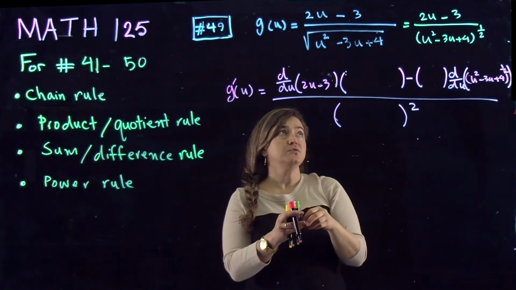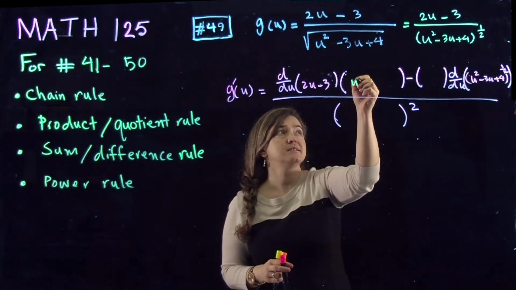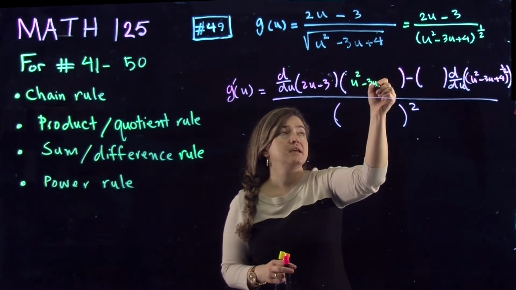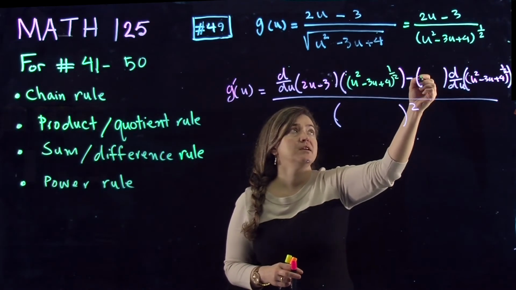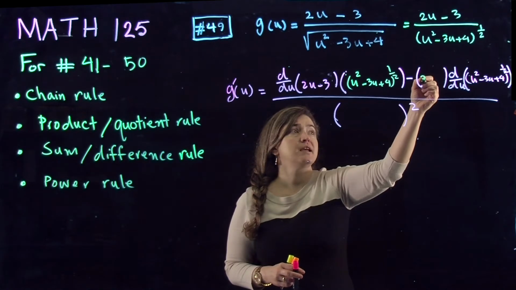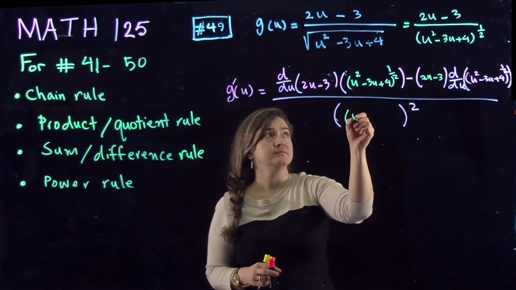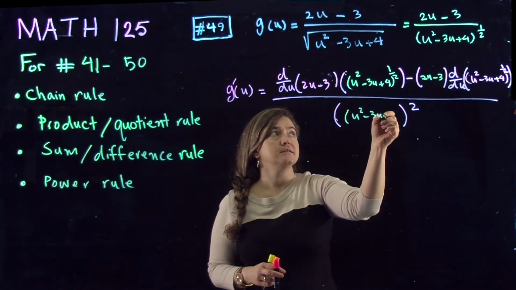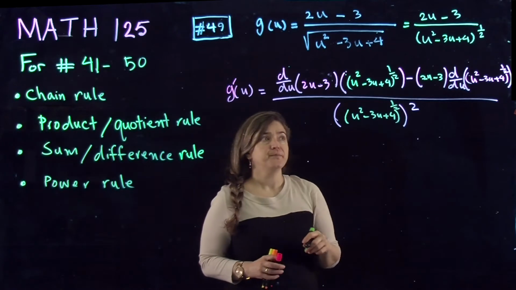The second set contains the denominator itself. The third set is the numerator itself, and the denominator to power 2.